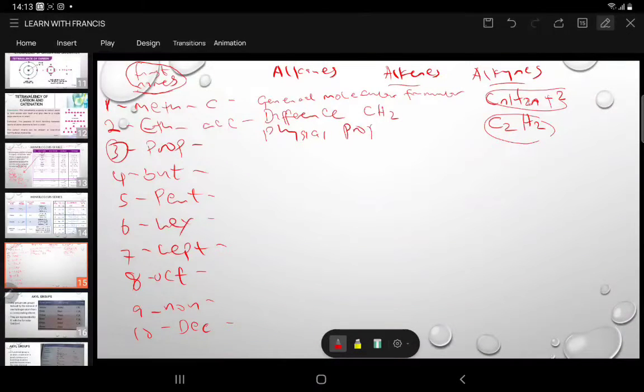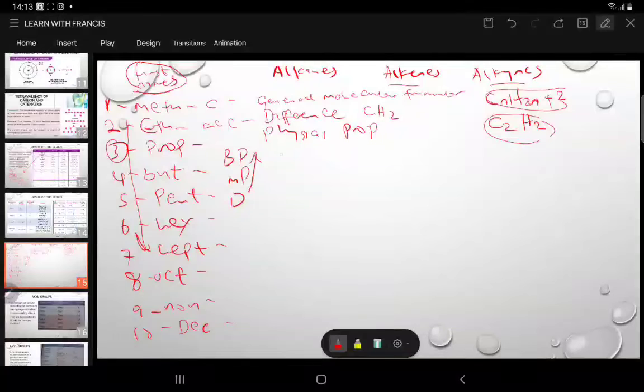The next one is physical properties. Now the physical properties of the members change gradually as the number of carbon atoms increases. You can see the number of carbon atoms increasing down this trend. Properties like the boiling point, the melting point, density increase as the carbon atoms increase.